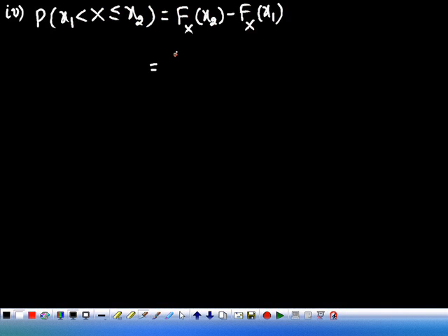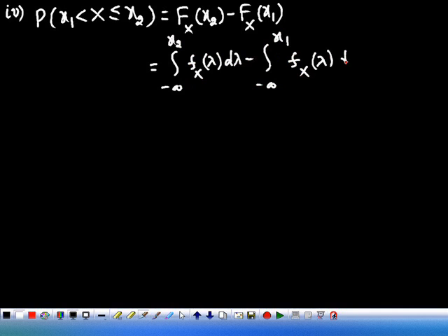See, FX(x2) can be written as the integral from minus infinity to x2 of fX(lambda) d lambda. Is it right? See the previous equations. Understood this?